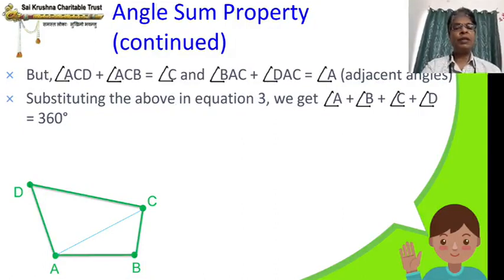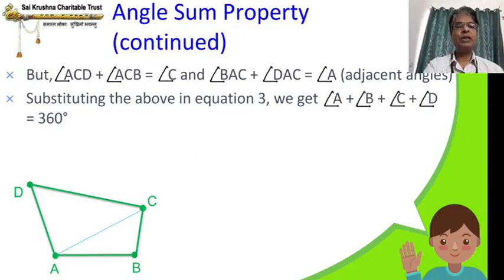In equation 3, remove ACB and ACD and put C, and remove BAC and DAC and put A. You will find that A plus B plus C plus D equals 360 degrees.